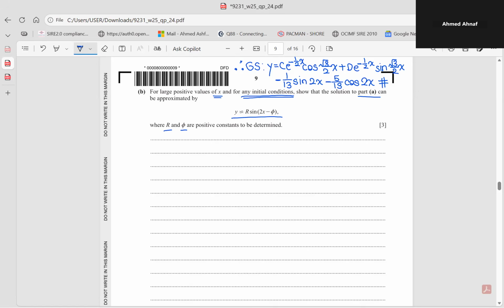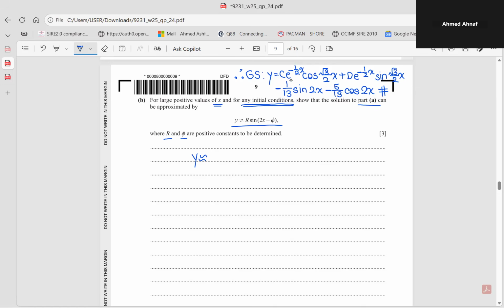First of all, let's find out what y would be approximately for large values of x. In the general solution, as x gets larger, this e to the power of negative half x is going to approach zero. So is this. So the c term is going to be zero, and the d term is also going to be zero.